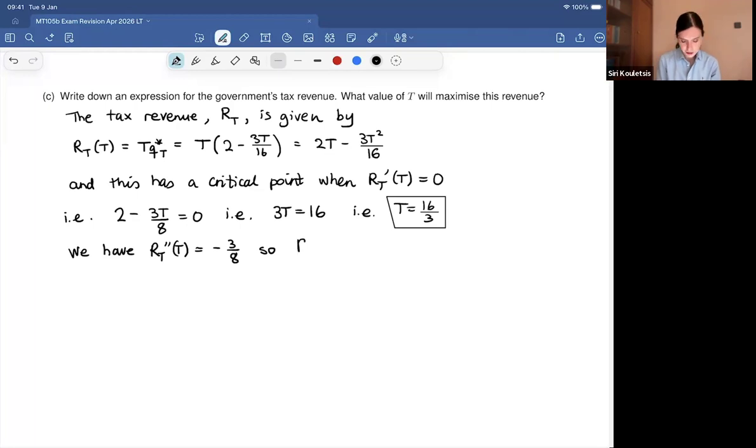Was getting a bit ahead of myself there. So the second derivative evaluated at the critical point is, of course, also negative. It doesn't change. And this means that the critical point we found is a local maximum.